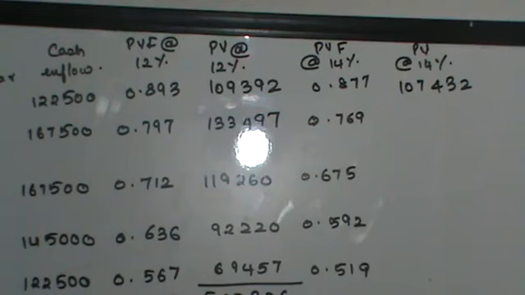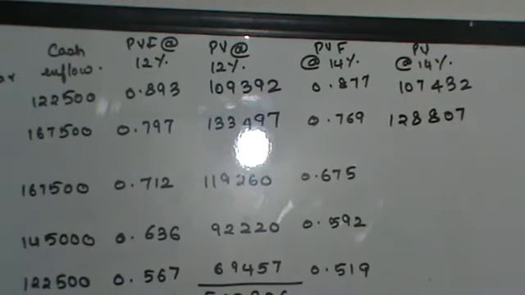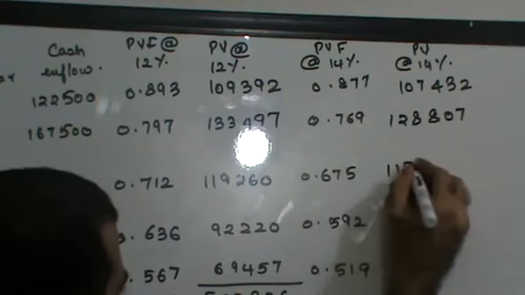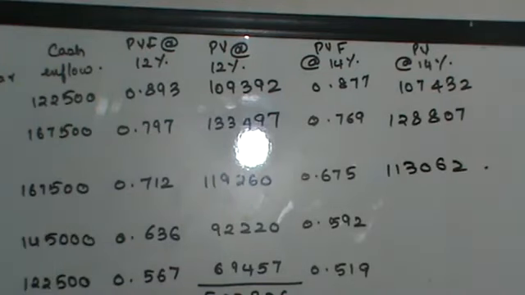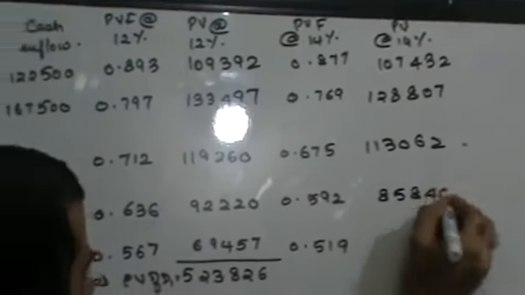Next, 1,67,500 into 0.769 will give you 1,28,807. 1,67,500 into 0.675 is 1,13,062. 1,45,000 into 0.592 is 85,840.